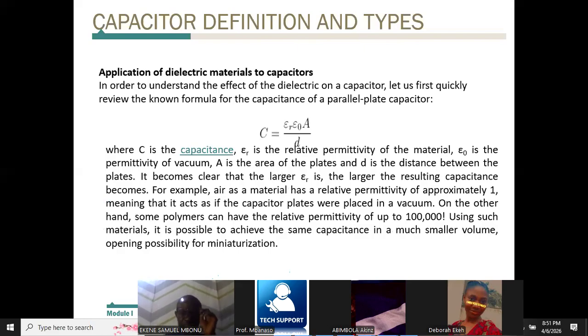The formula C equals epsilon r multiplied by epsilon 0 multiplied by A over D is used to calculate the capacitance of a parallel plate capacitor. C is the capacitance, epsilon r is the relative permittivity. So this is the theoretical formula for calculation of capacitance of a capacitor.